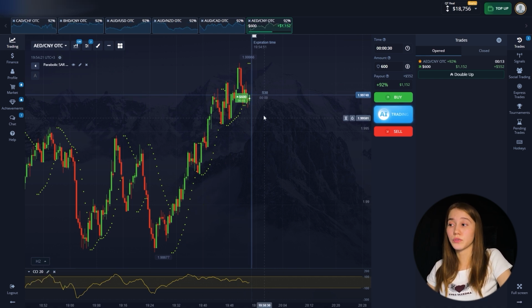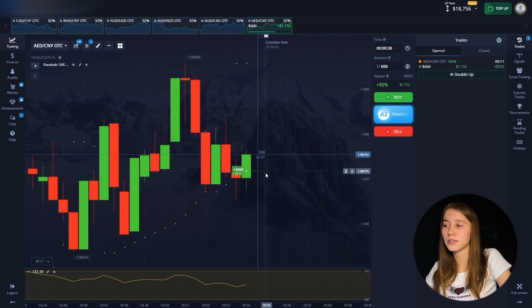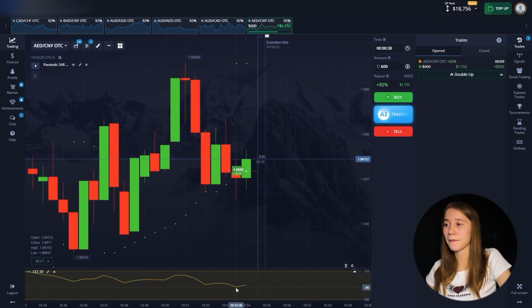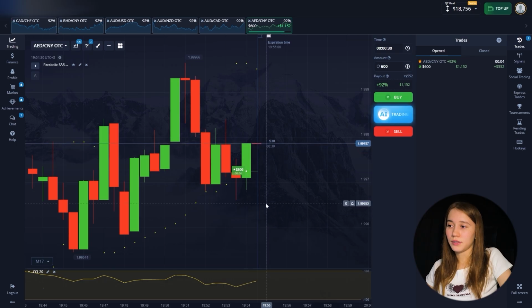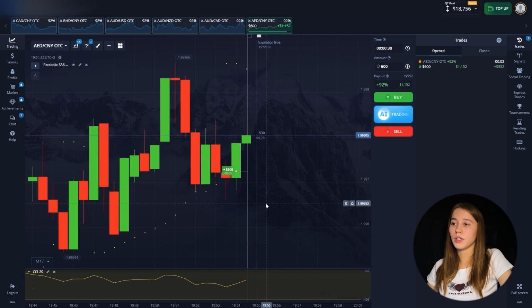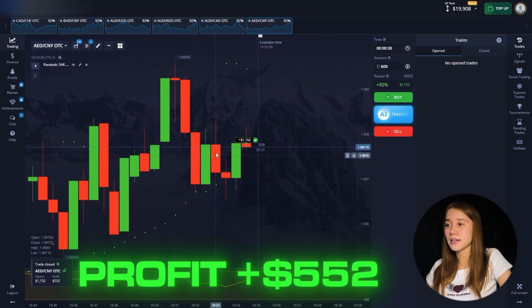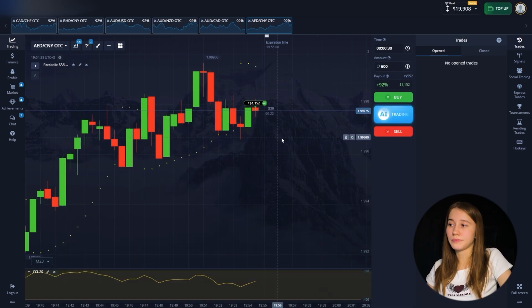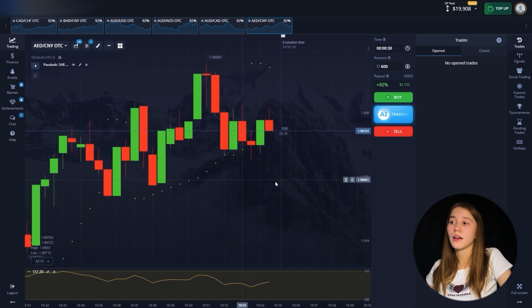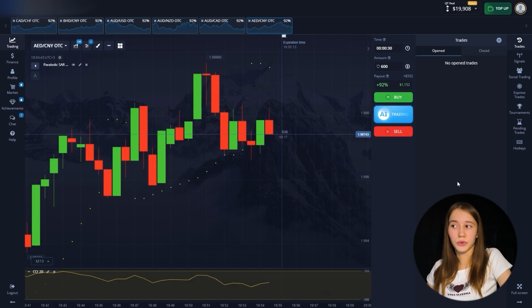Of course, it's not very strong, but still we are more likely to build on it. Sliding line is in the upper position. It will go even higher. Good. Plus deal, we see our balance is almost $20,000.